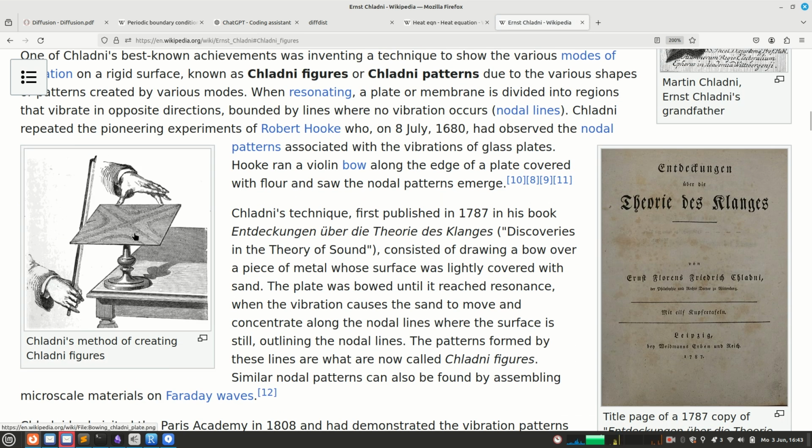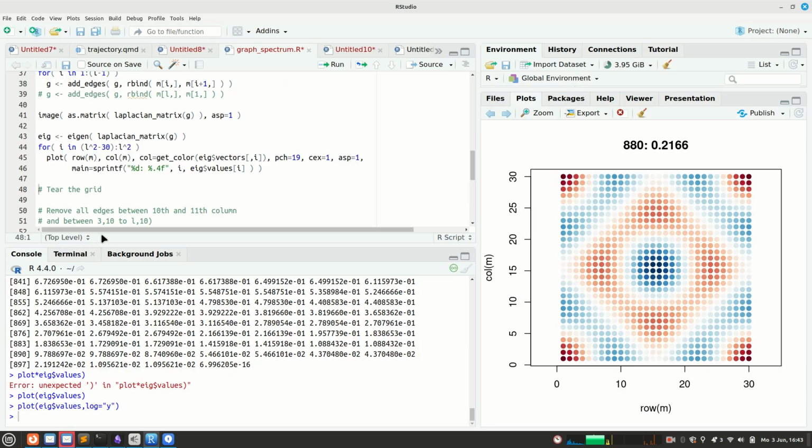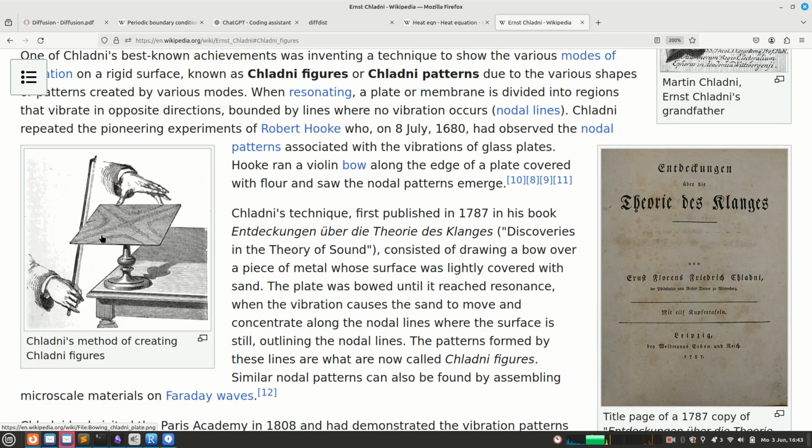What he did is he used shapes of sheet metal, like here this sheet metal square, which is very much exactly like this one here, and put sand onto it, and then he used his violin bow to make this thing vibrate, and everywhere where it vibrates strongly, it throws away the fine sand, and only in the knots which don't vibrate and don't move, the sand stays put.